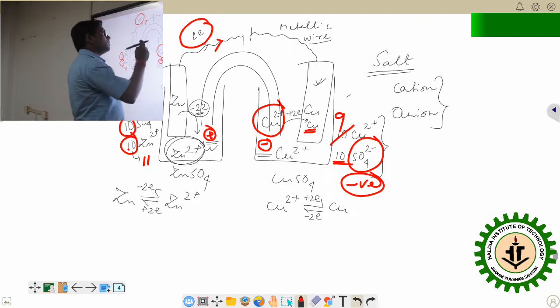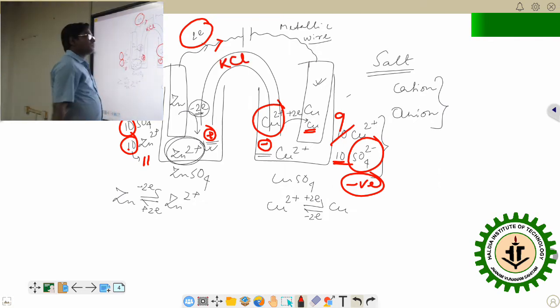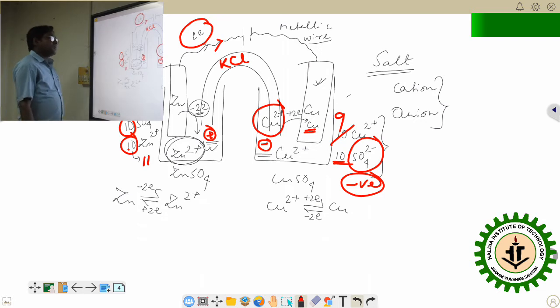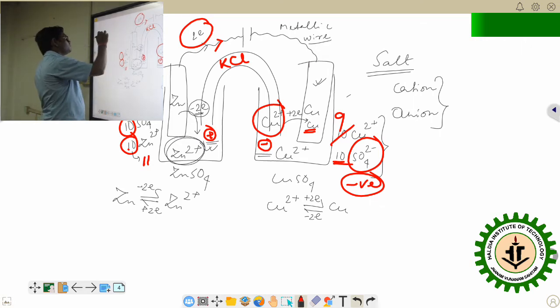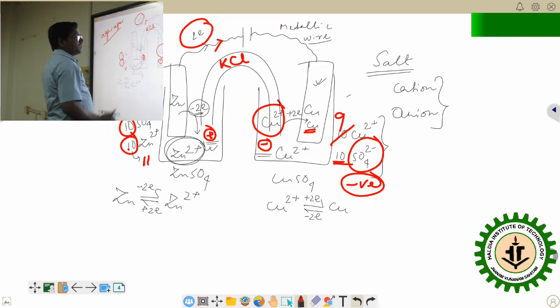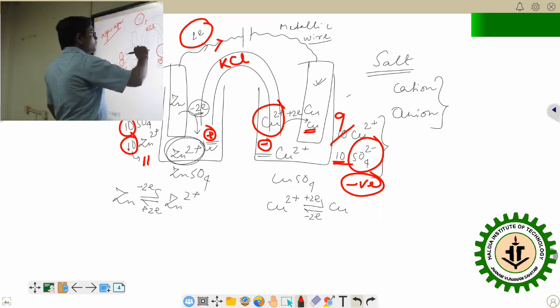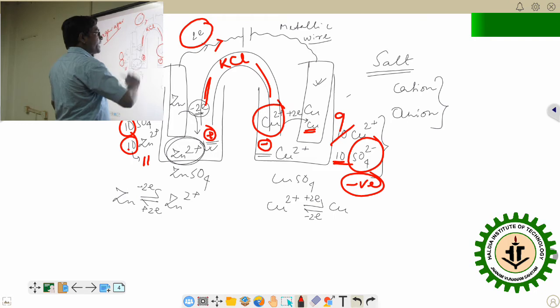So for example, let us consider KCl. In KCl, K+ and Cl- have similar speed, and that KCl is mixed with some gel like agar-agar. This agar-agar is mixed with KCl and this U-shaped tube is packed.